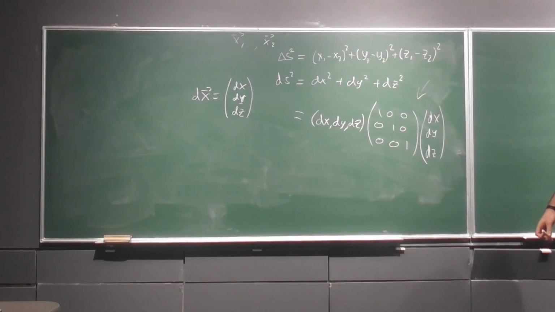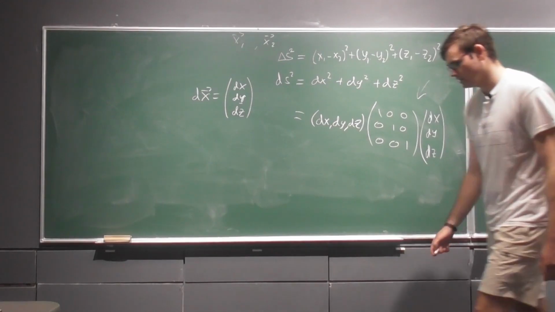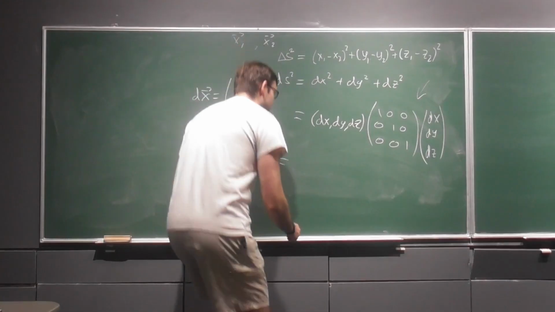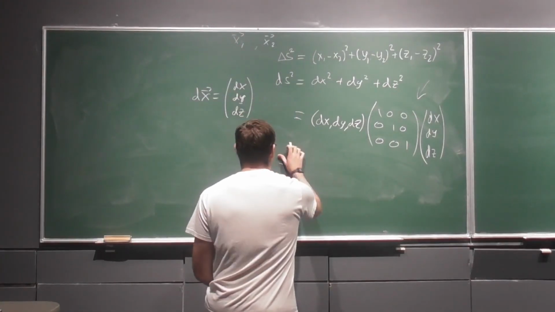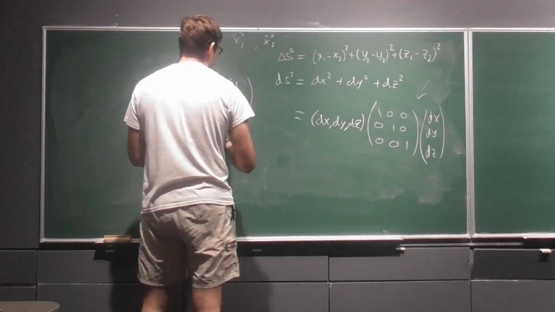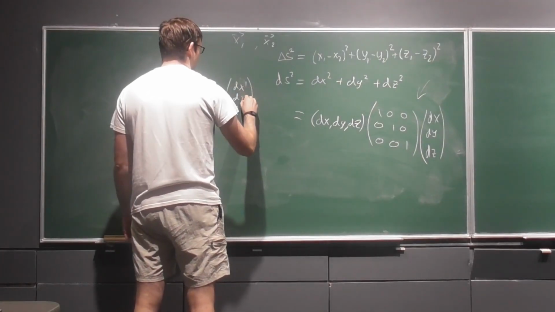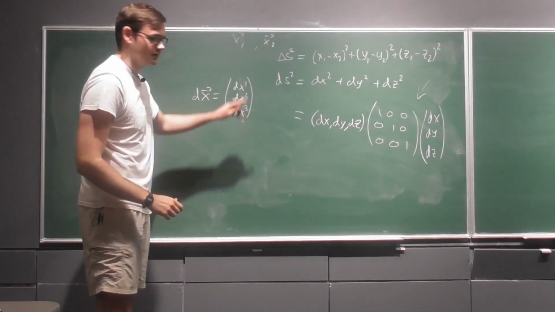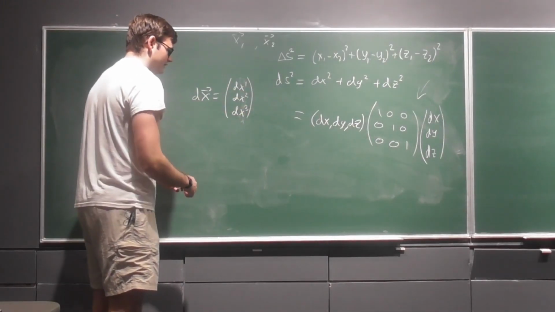So I can take this and write this in a different way, as a sum. I'm going to change now from x, y, z and just label the coordinates by x1, x2, x3. I've made the indices upper, that's not a power, that's just notation for now.